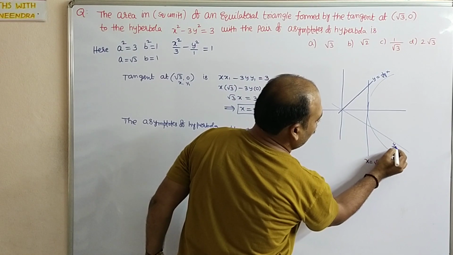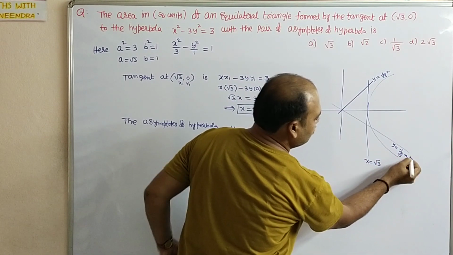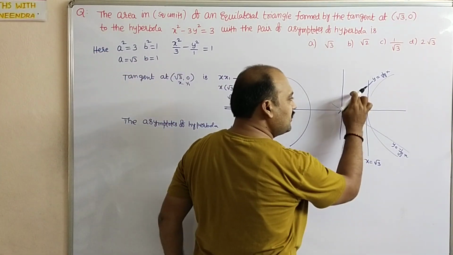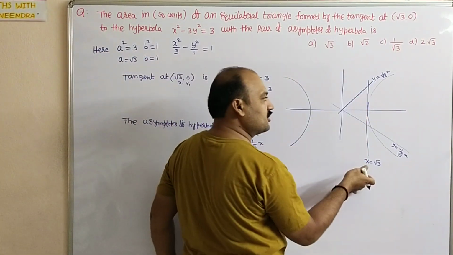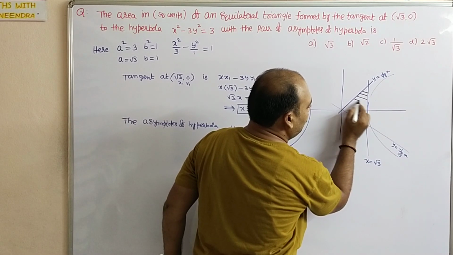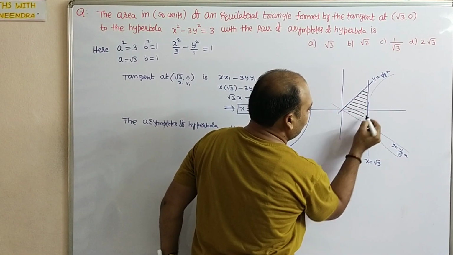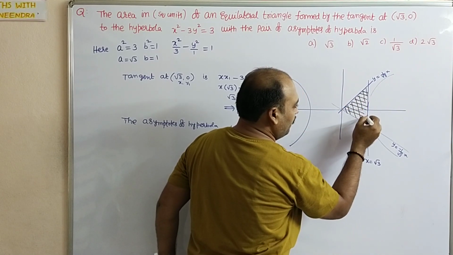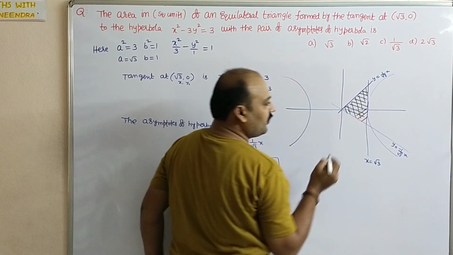They are asking to calculate the area formed by these asymptotes and the tangent. So this area they are asking to calculate. This is the clear information about the problem. I hope everyone understands that.